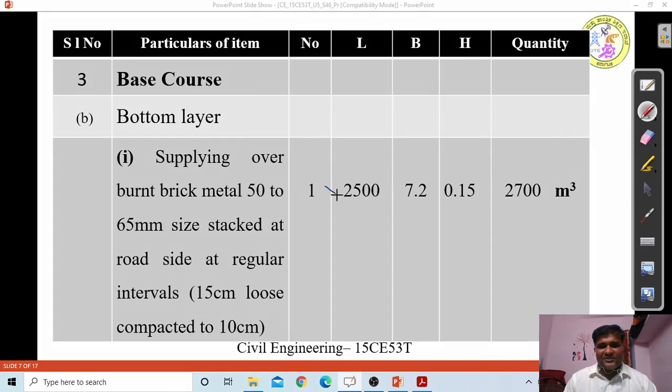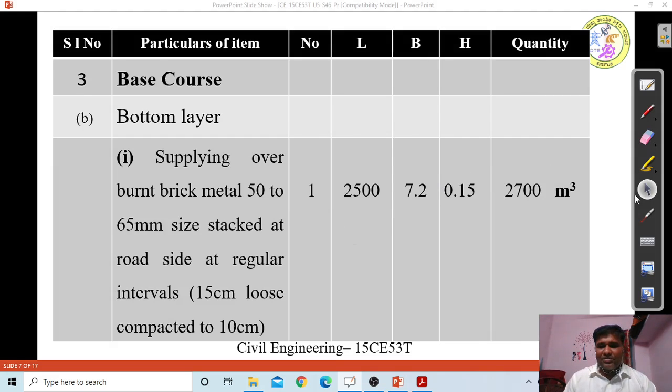So 1 into 2500 meter into 7.2, the width of pavement, into 0.15, the compacted thickness. Actually it's a loose thickness, and for the supply portion I am going to consider the loose thickness, that is into 0.15, which will give me 2700 cubic meters of the total material that will be supplied to the road construction.